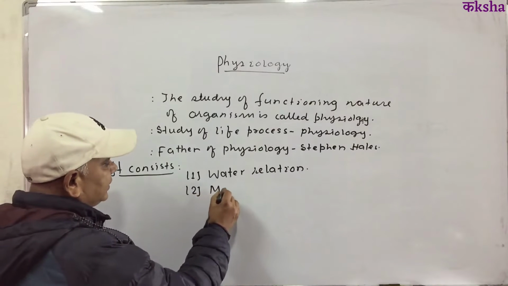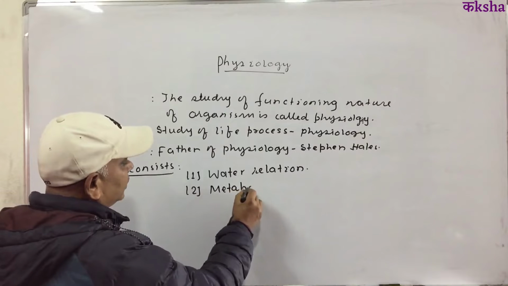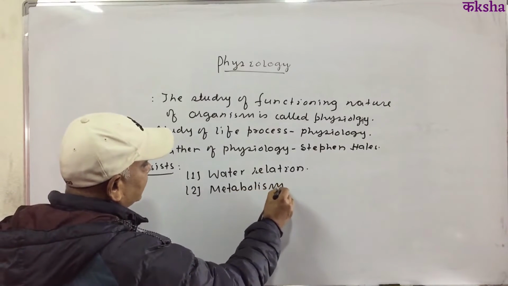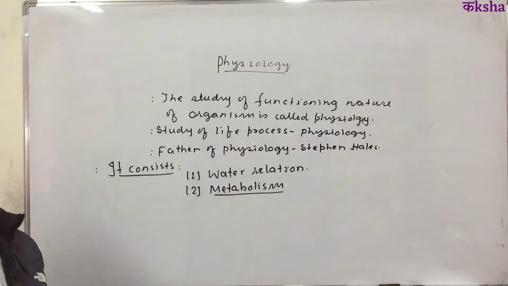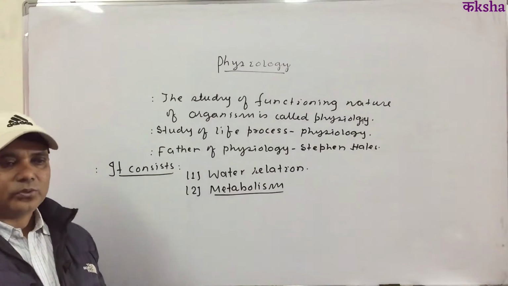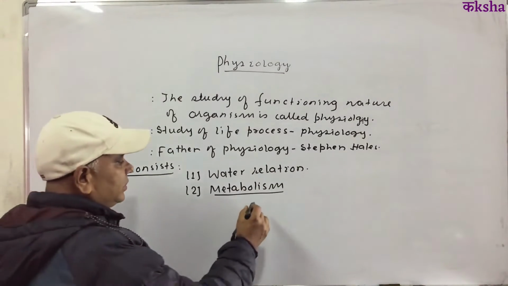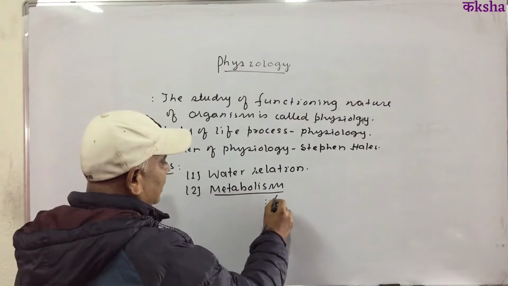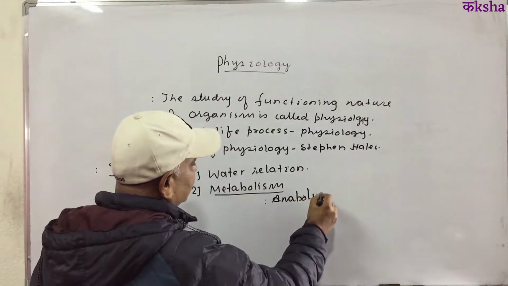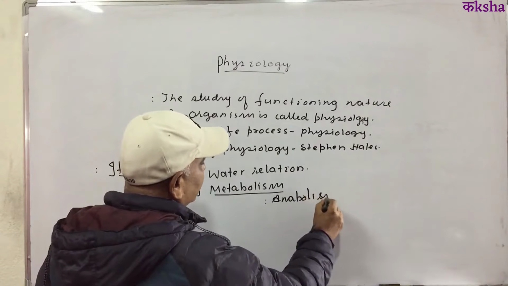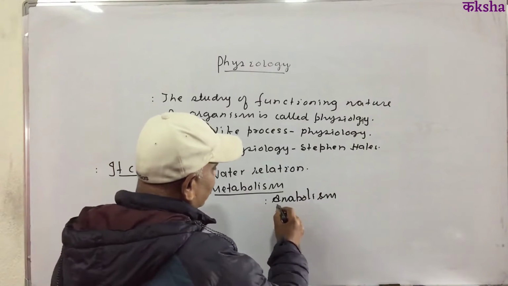So next is metabolism. What is metabolism? I think you know. It is of two kinds. One is anabolism. What is anabolism?